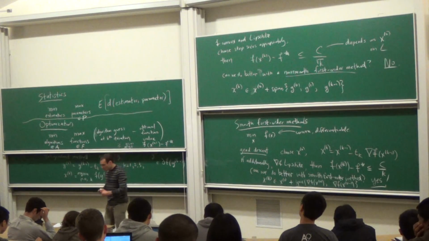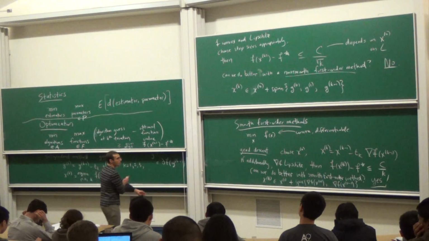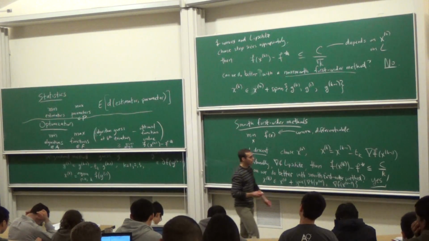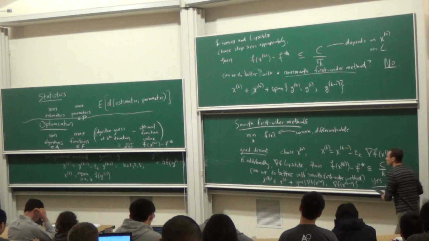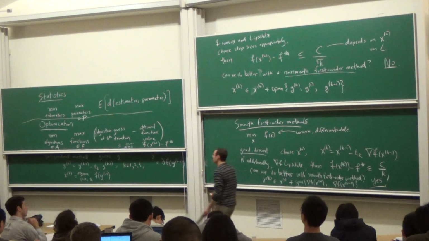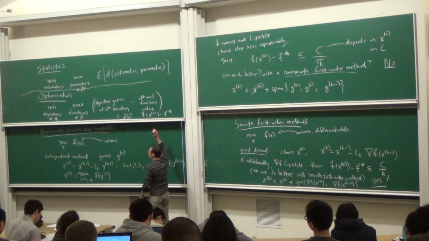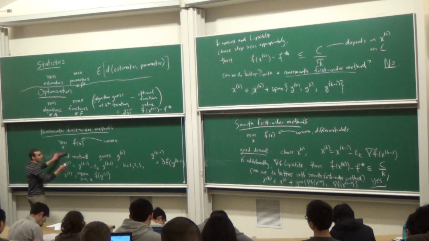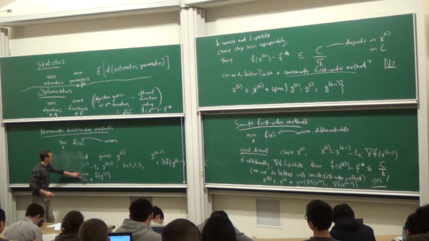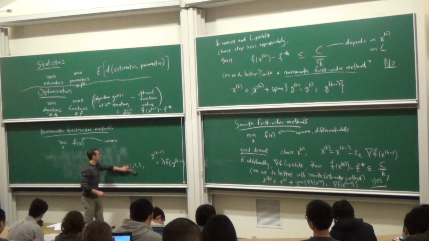Let me write the acceleration on the board so you can at least see the punchline. So here is n optimal achieves the optimal lower bound. First order method for that function class. Differentiable convex functions whose gradient is Lipschitz.